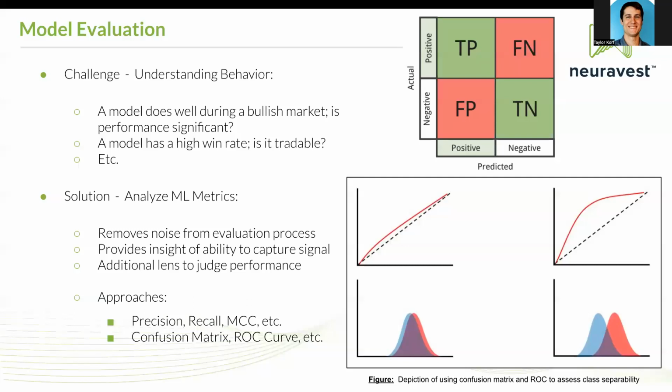For that, we might instead look at something like precision, or hit rate is another word for that sometimes. So of the trades we took, how many were good? In trading specifically, we tend to want to minimize our false positives. It's generally desirable. And in most cases, that results in an increase in false negatives.